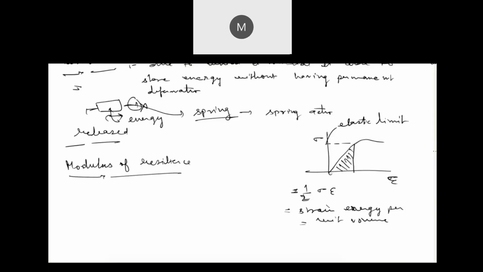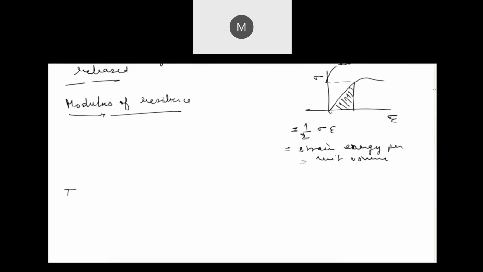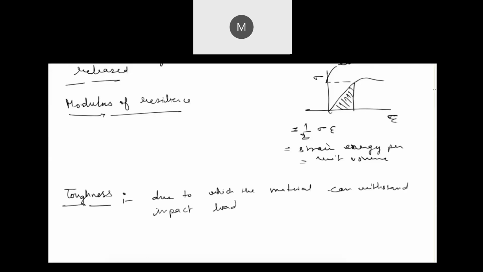After that, the next property we have is toughness. Toughness is the property due to which the material can withstand impact loading without fracture.